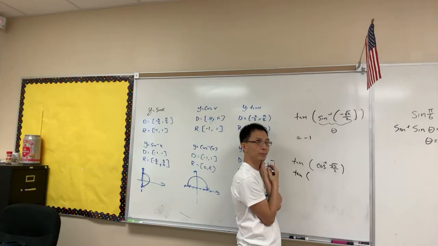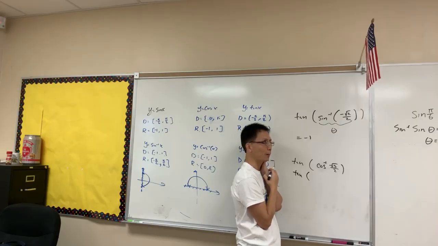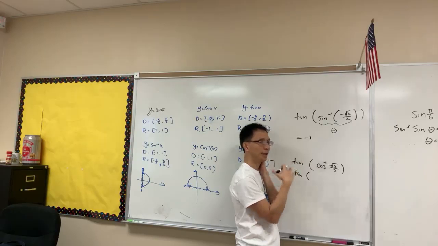It's okay to be wrong, but let's give it a try. Remember, it's cosine. Is cosine an x value or a y value? Good. So when does x equal negative square root 3 over 2? Remember, it's going to give you an angle.